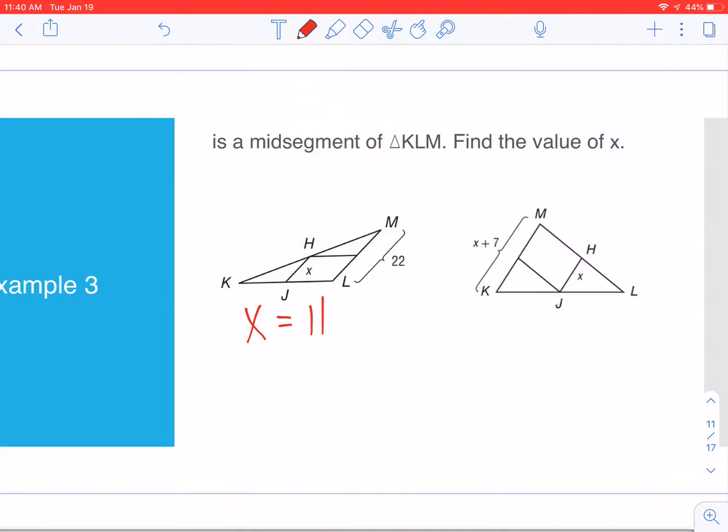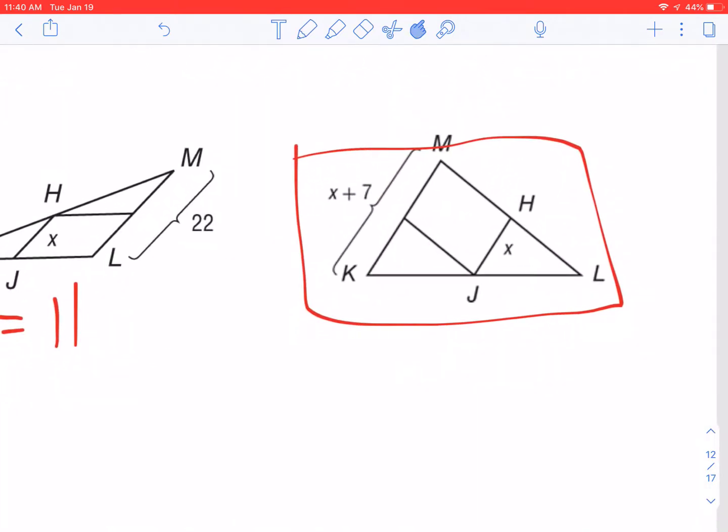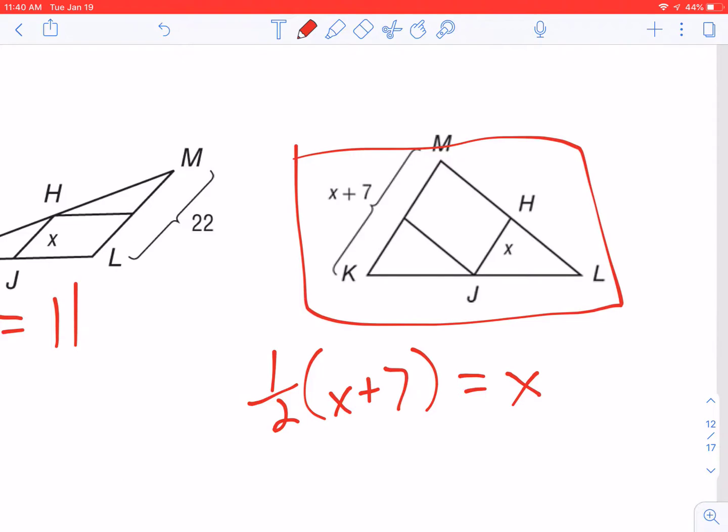Now over here, I'm going to set up a problem for you and see if you guys can solve it. So this problem right here, I'm going to zoom in. Okay, so 1/2 of x plus 7 equals x. What I would like for you guys to do is start out by multiplying both sides by 2 and see if you can get the answer.